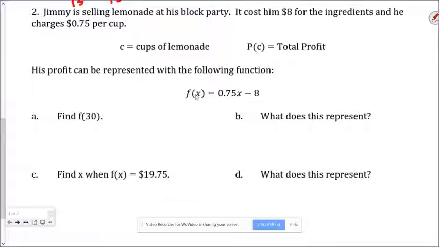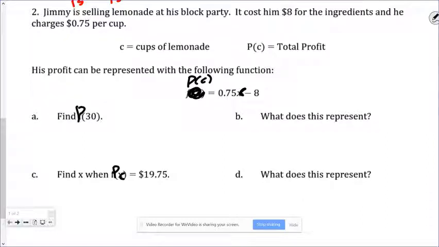Okay, so you're going to change this here to P of C, and then this X should be C. Okay, so that was an error. Your letters from your labeling should match your equation. Okay, so I'm going to change this down here as well. So I have P of C.